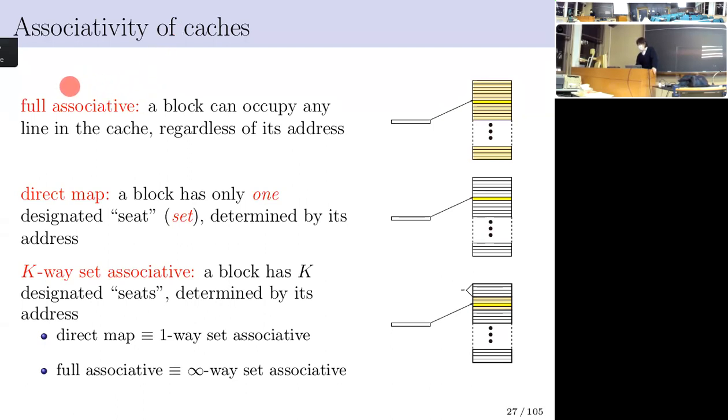A fully associative cache is very close to what I have just described, in the sense that these lines are precisely the most recently accessed, let's say 512 lines, if the entire size is 32 kilobytes.